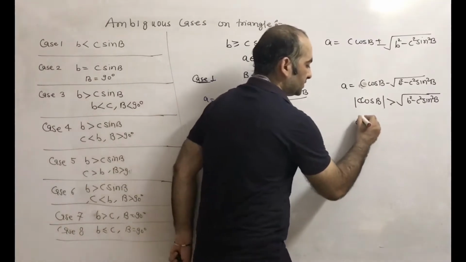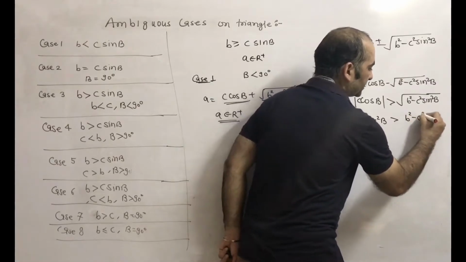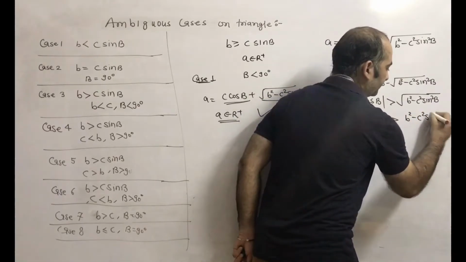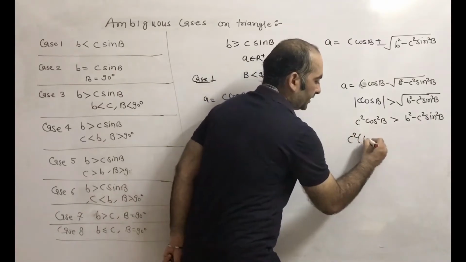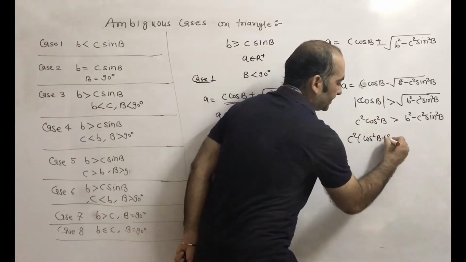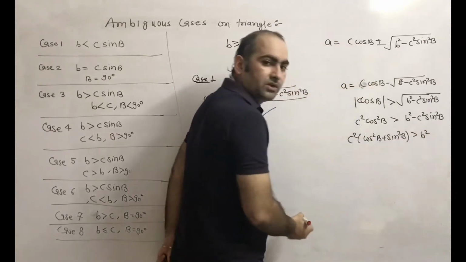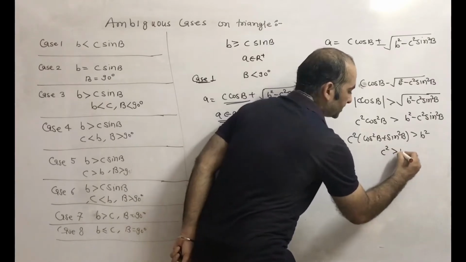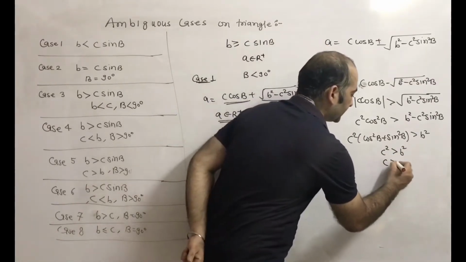So c square cos square B is greater than b square minus c square sin square B. Taking this side, c square in bracket cos square B plus sin square B is greater than b square. So c square is greater than b square. We know that c and b are positive, so c is greater than b.